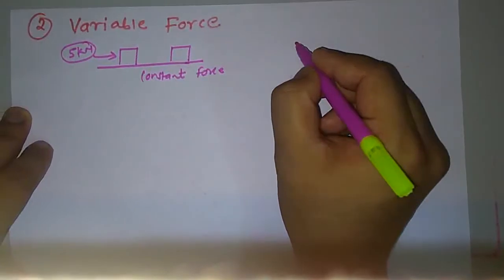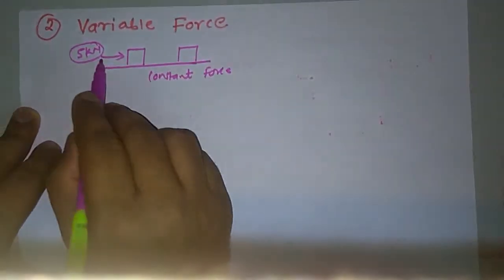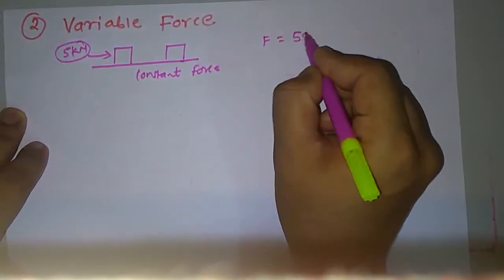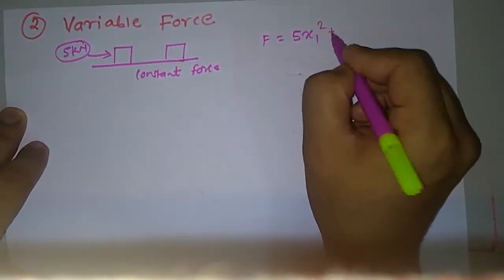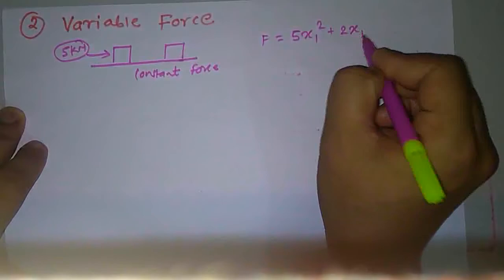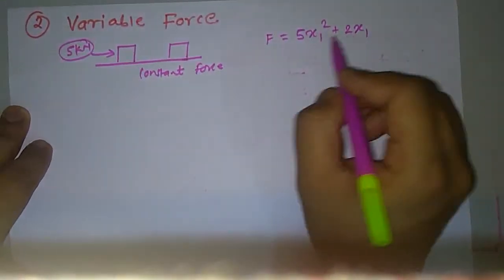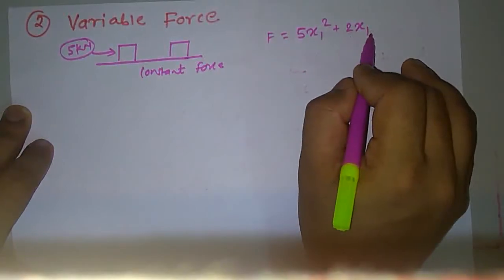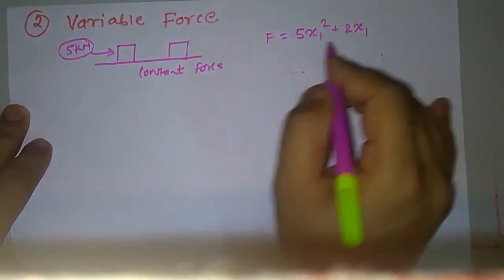But if the force is variable, suppose the equation is something like 5x square plus 2xy, meaning the force is changing with respect to displacement, then this force is called variable force.